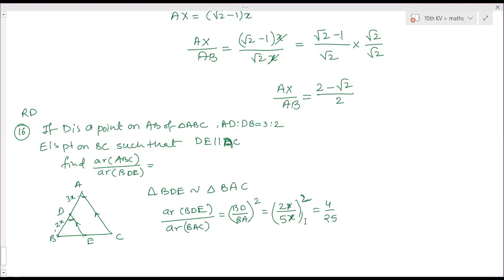So it is 2x by 5x whole square. The x's cancel, so 2 by 5 whole square is 4 by 25. But they are asking ABC is to BDE, so take the reciprocal.